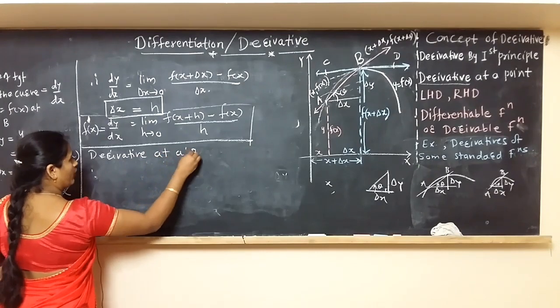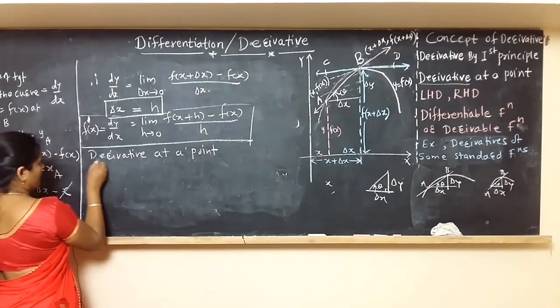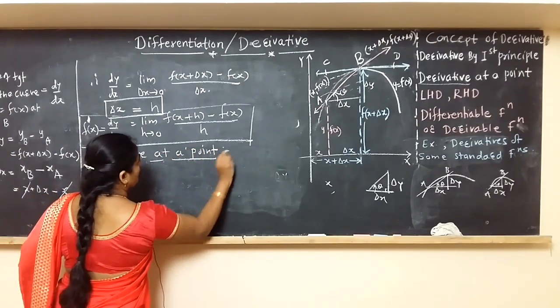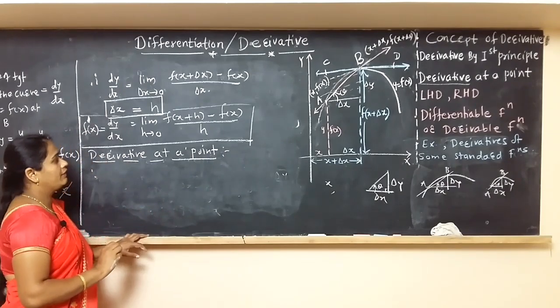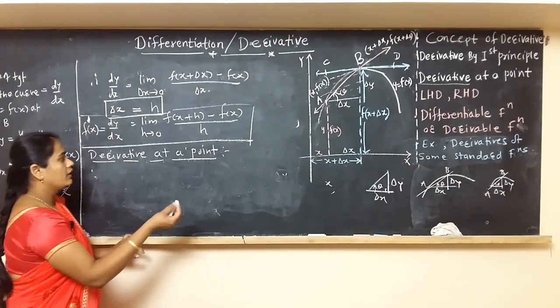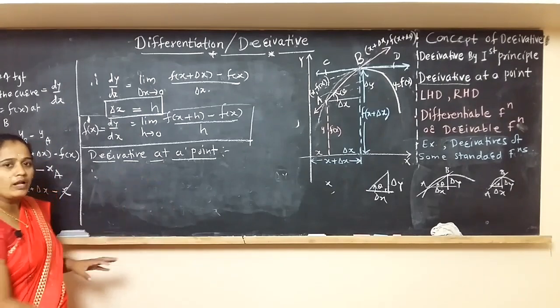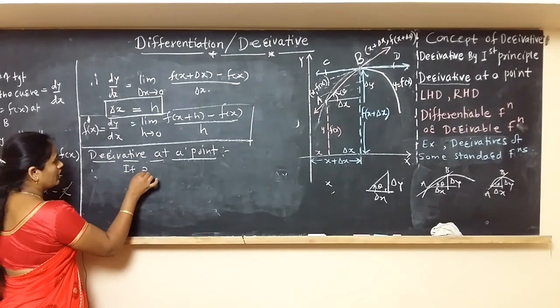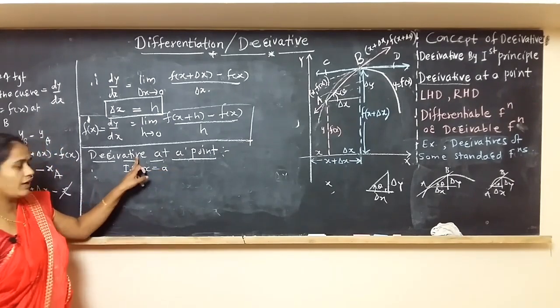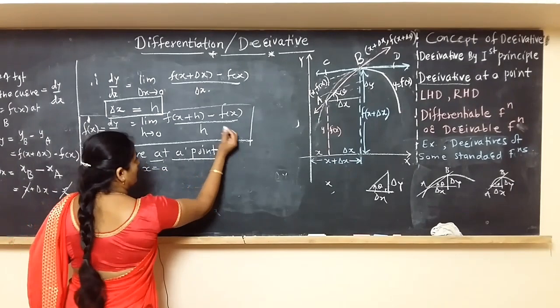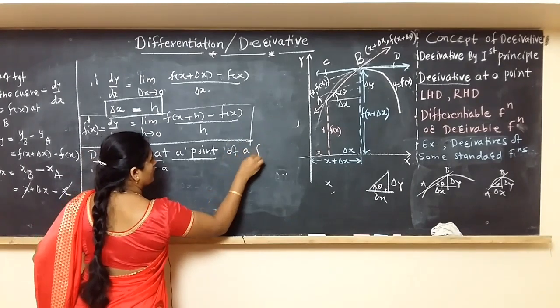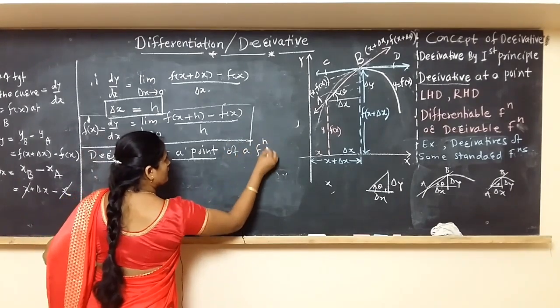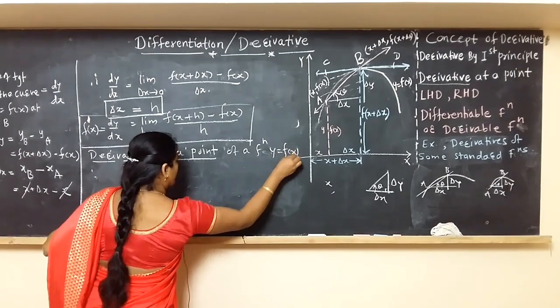Derivative at a point means we have given a question to find derivative at a particular point. That means at a point means at value of x, if x is equal to a, where we have to find the derivative of the function y is equal to f of x.